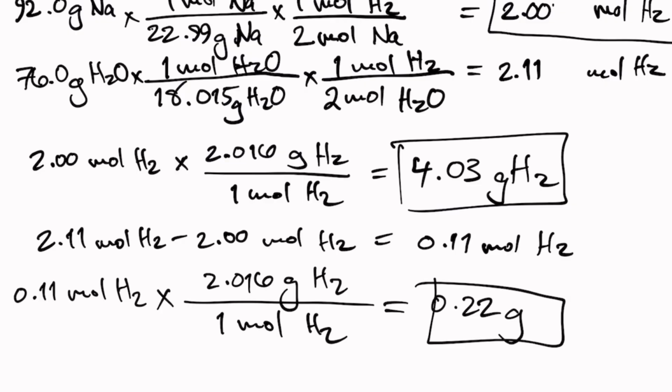Because we're just worried about the decimal places right here. We only have a certainty to here and here. So we're just going to have two significant figures right there.